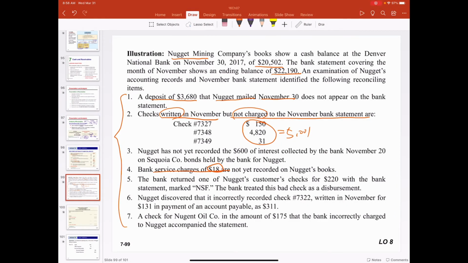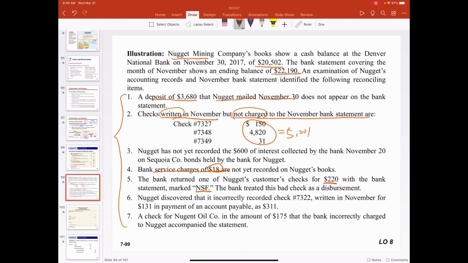Next one, the bank retained one of Nargate's customers' checks. Okay, so this is a customer's payment. However, this is an NSF check, a non-sufficient fund check. So in other words, the firm, Nargate Mining, recorded this check as a cash inflow. But the bank does not record this $220 because it is NSF, right?